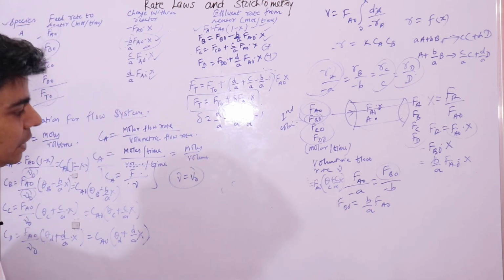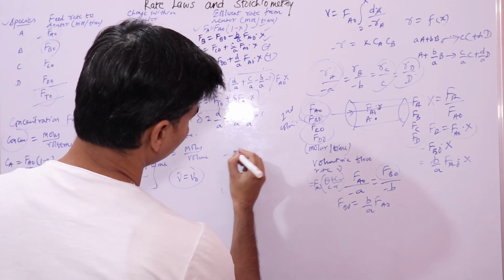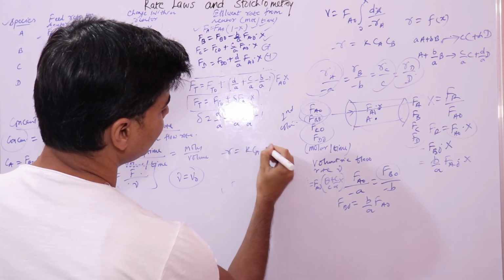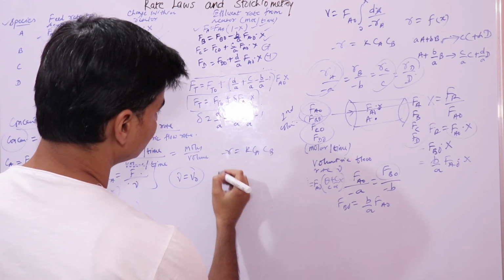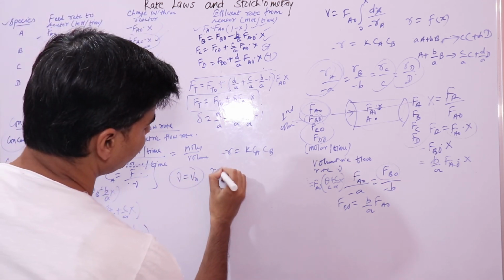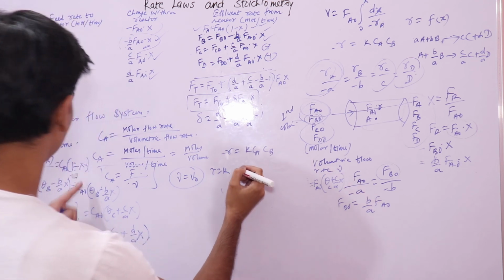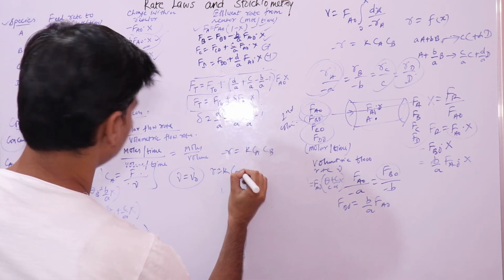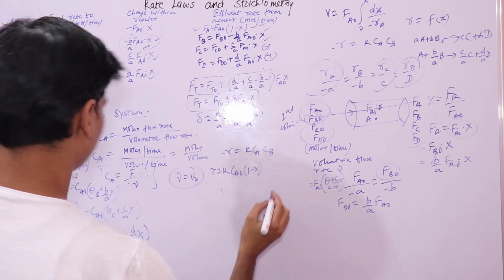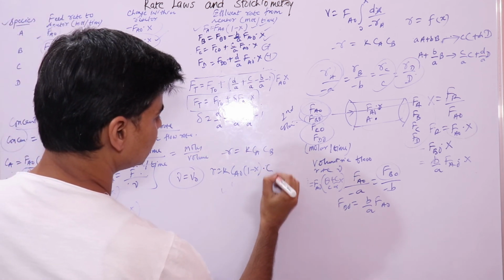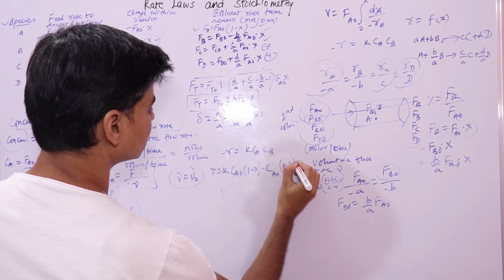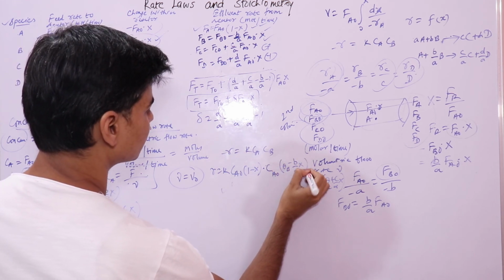We know that rate is equal to K Ca Cb, so we substitute Ca and Cb here: Ca is Ca0 (1 minus x), Cb is Ca0 (theta b minus b upon ax).